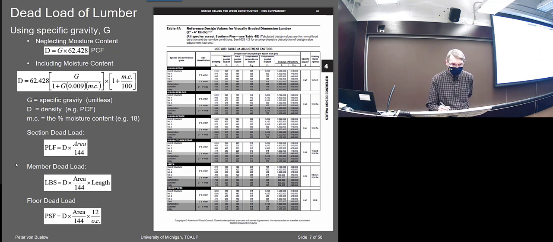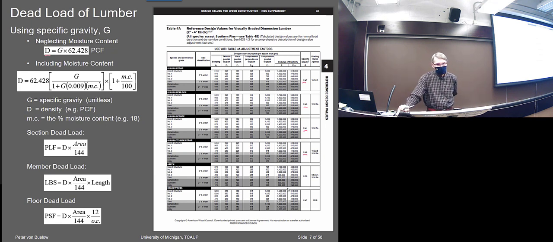The way we do it, we start with a density based on dry wood. So this would be like oven dry with no moisture. And we get a specific gravity, and the specific gravity for that dry wood is tabulated in the supplement of the NDS.